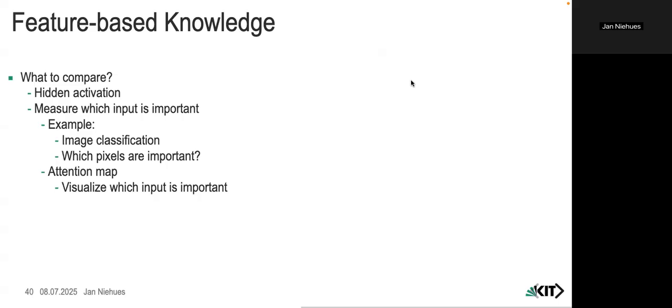Again, think about image classification. If you classify a dog or a cat, it might be good to look at the dog and look at the face. So both networks should somehow focus on the same thing. That is maybe a good signal. Or the teacher can tell you, if you want to understand this sentence, you should mainly look at these 3 words, and then you try to enforce this also on the student.